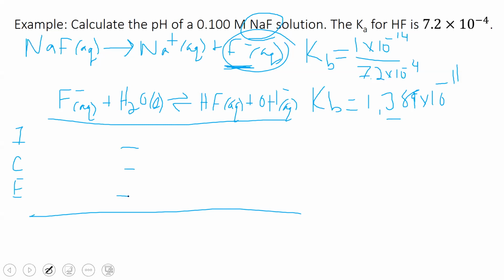Our initial concentration of the fluoride is the same as the initial concentration of the sodium fluoride because it dissociates completely. So we get 0.100. These are all in molar. The initial concentration of HF is 0 because it's before the reaction occurs. And we're going to make the assumption here that the concentration of hydroxide from water is 0 as well.